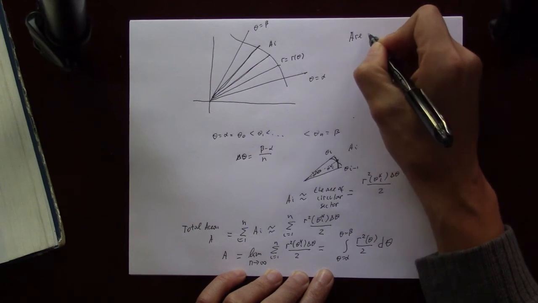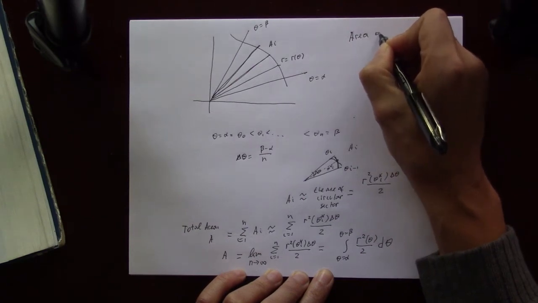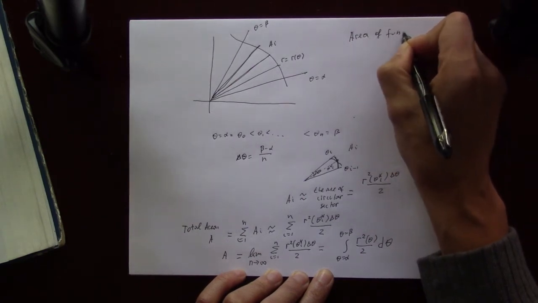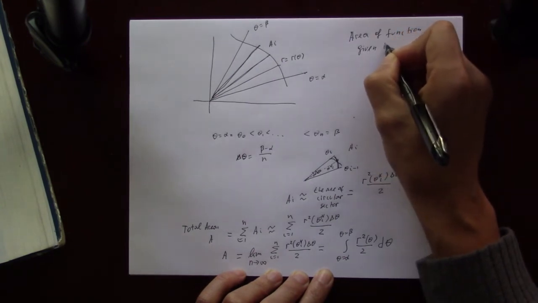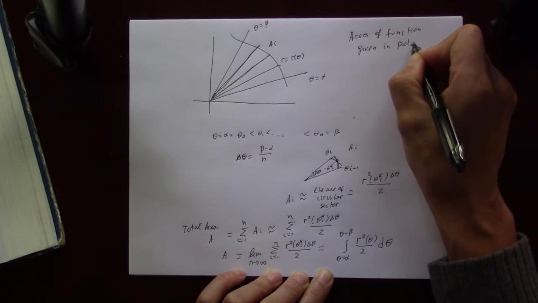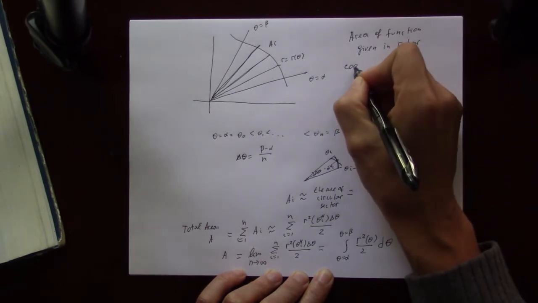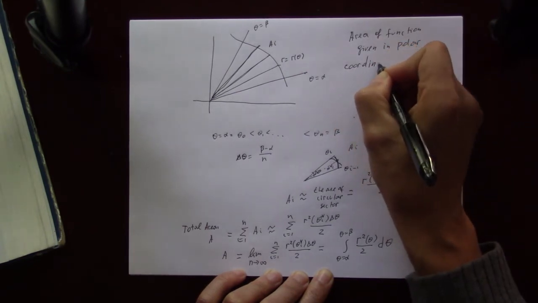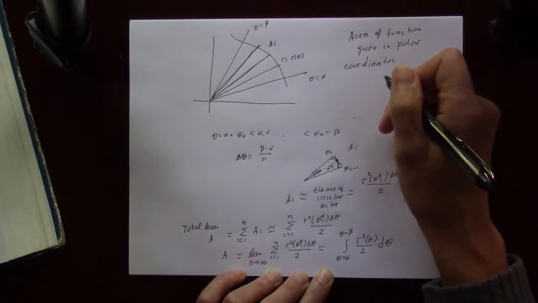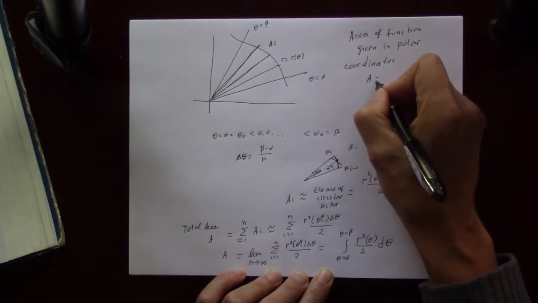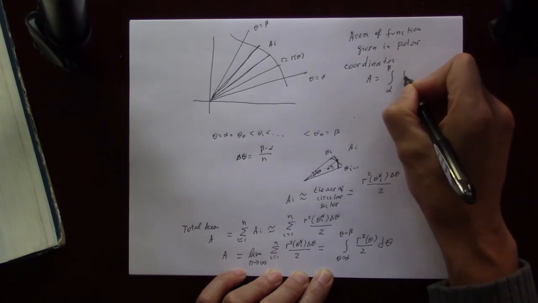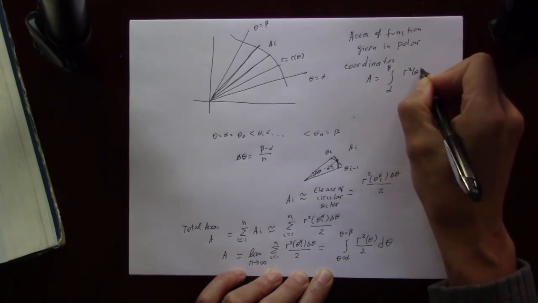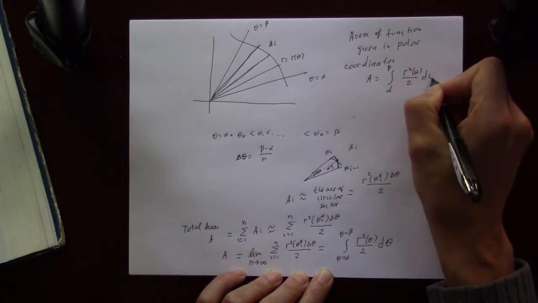Area of a function given in polar coordinates is going to be the integral from alpha to beta of r squared of theta over 2 d theta.